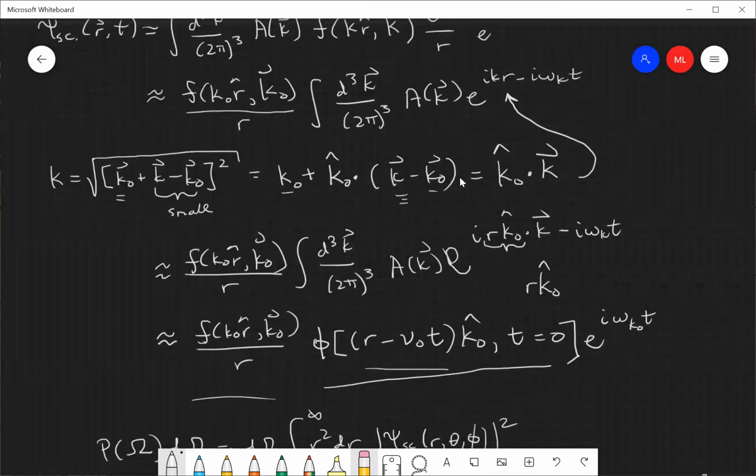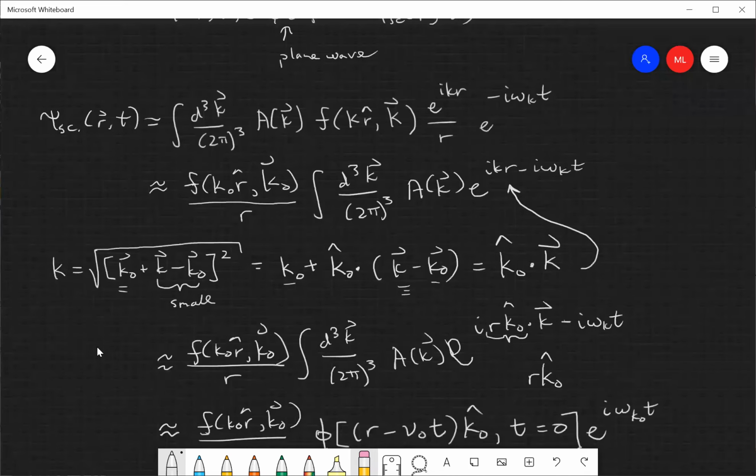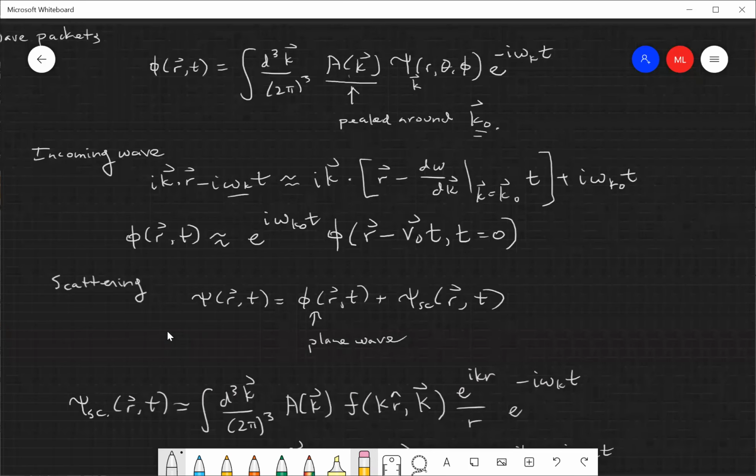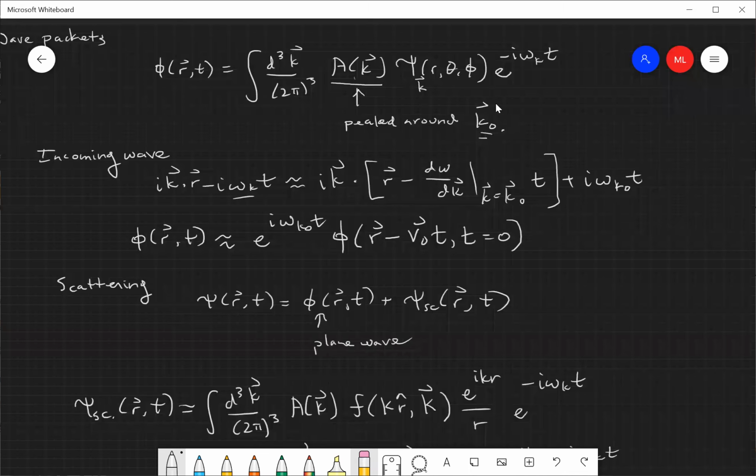So even though we didn't use the time-dependent thing, it's clear from this that if you were to use the time-dependent thing, then as long as your amplitude here, the wave packet envelope, is narrowly peaked around k naught, then the time dependence really is pretty trivial.